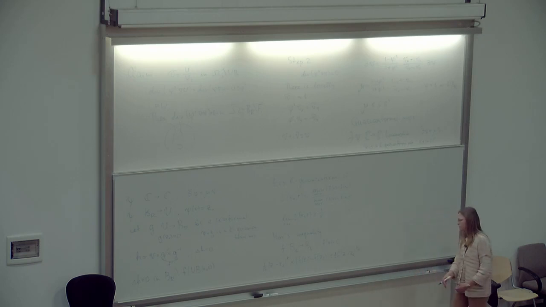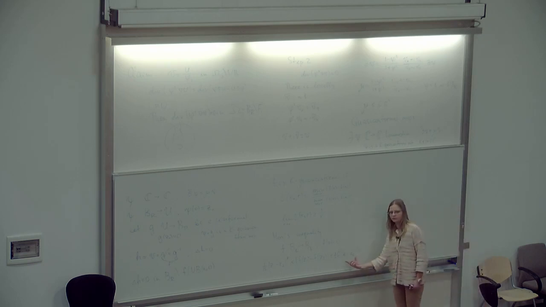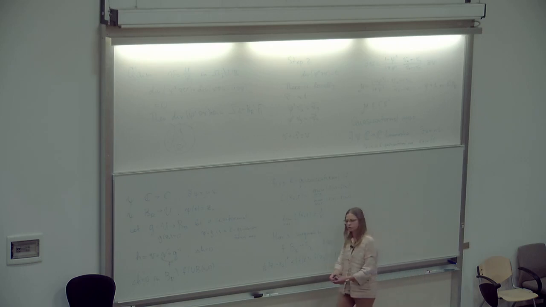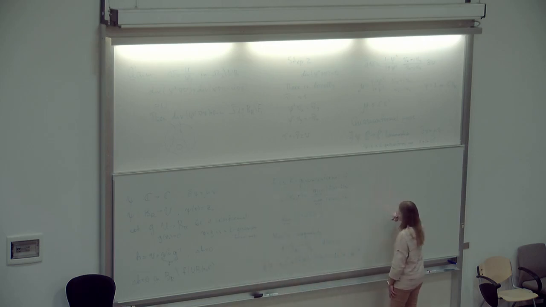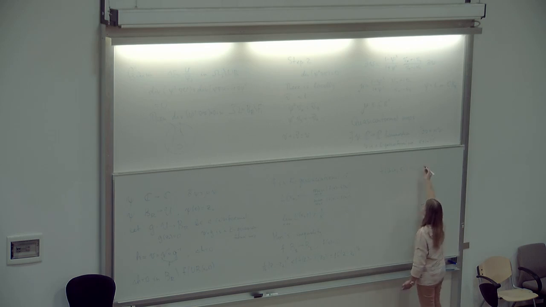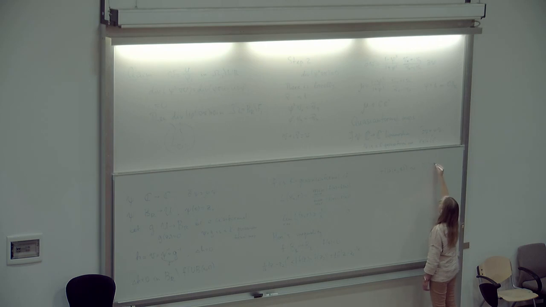I want to know how balls of radius epsilon are changed when I do my quasi-conformal map. And this is when I am going to choose my epsilon. I want this to look like a ball at this point of radius comparable to epsilon. It's not important for me that it's a ball.